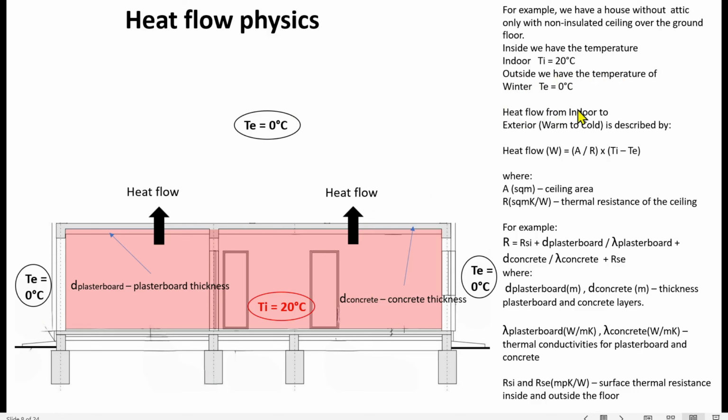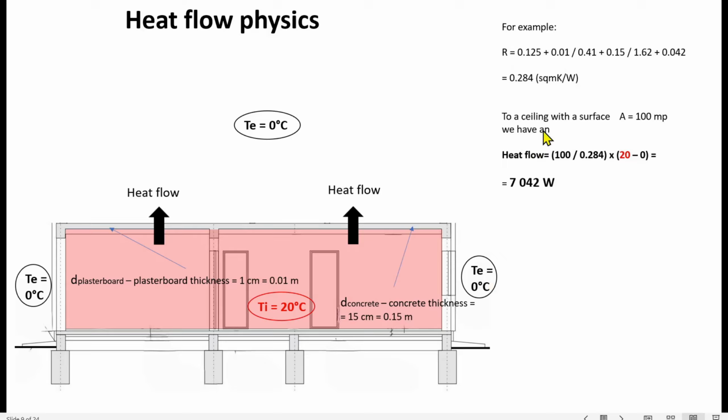Heat flow from indoor to exterior, from warm to cold, is described by this formula. Heat flow in watts is area divided by thermal resistance, multiplied by internal temperature minus external temperature. I will pass quickly through this chapter.